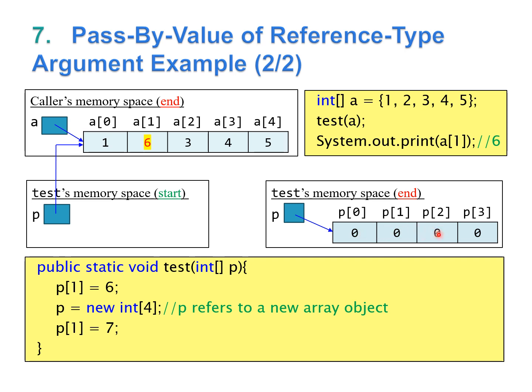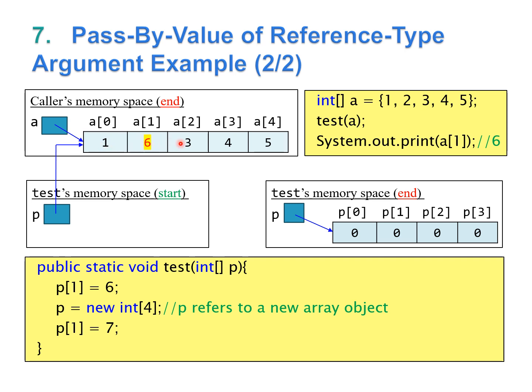So when the method test assigns p[1] to 7, it only modifies the element at index 1 of the new array object. The value of the element at index 1 of the array object in the caller is unchanged, and the variable a in the caller still refers to the original array object in the caller.